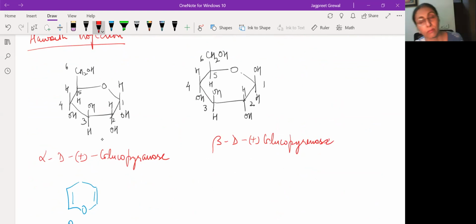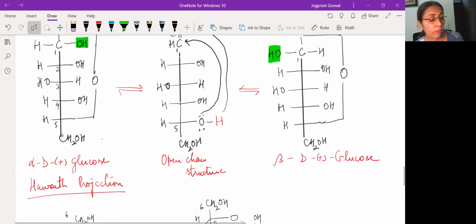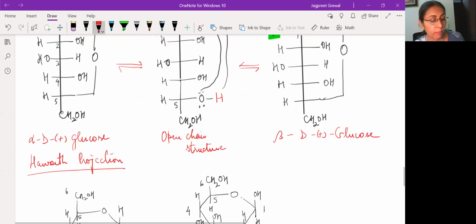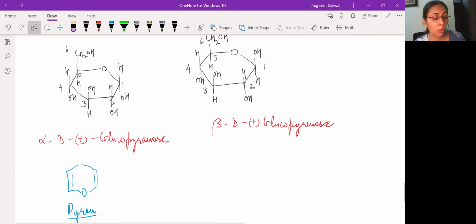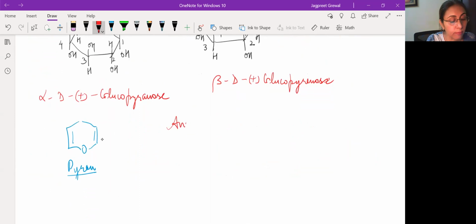Beta D positive glucopyranose. Now you again have two isomers, alpha and beta. What are such isomers called? These isomers are known as anomers.